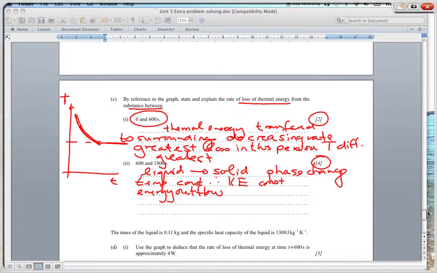So it is a potential energy outflow, a PE change, and you're actually lowering the potential energy. The potential energy is decreasing, so it's giving out energy to the surroundings.